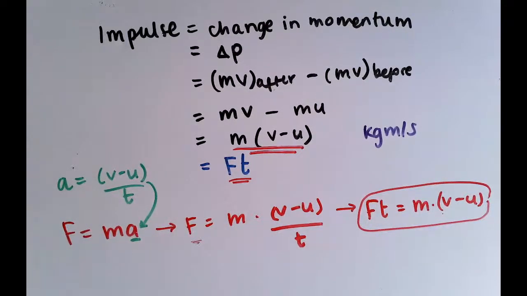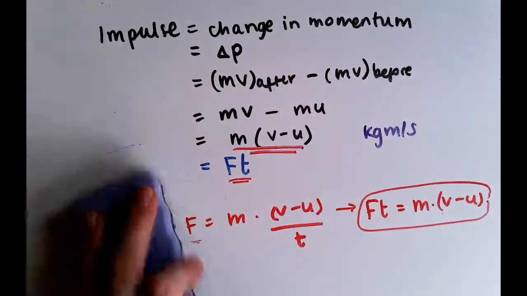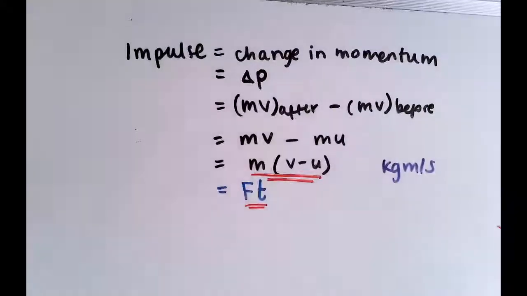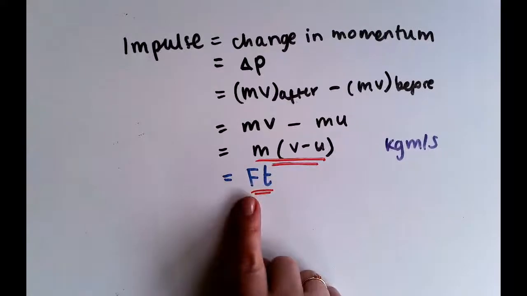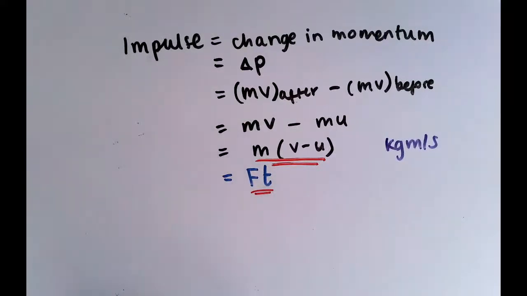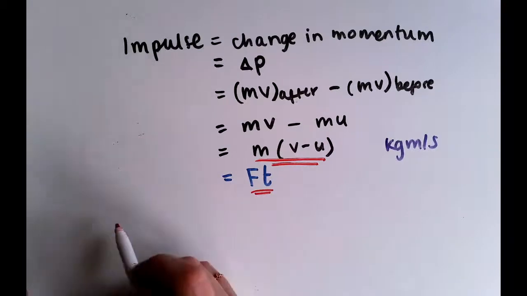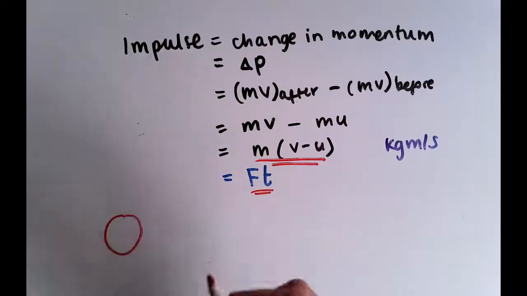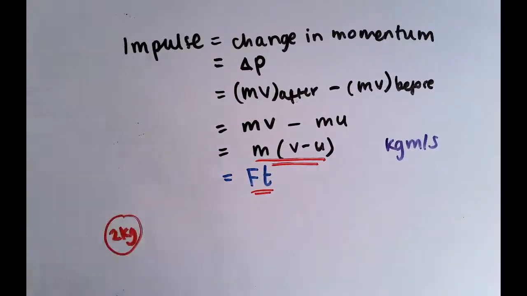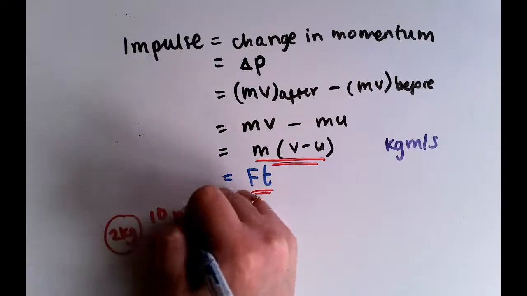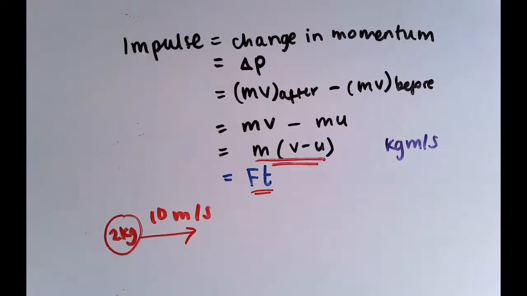Now it could be in a question that they give you the force value, the time, the mass and the initial velocity, and they then ask you what the final velocity of the object is. So they might say you have an object with a mass of 2 kilograms, for example, and initially it's travelling to the right at 10 meters per second.